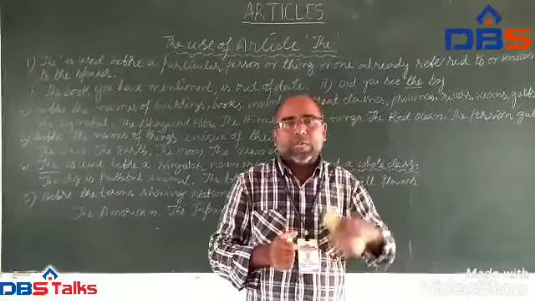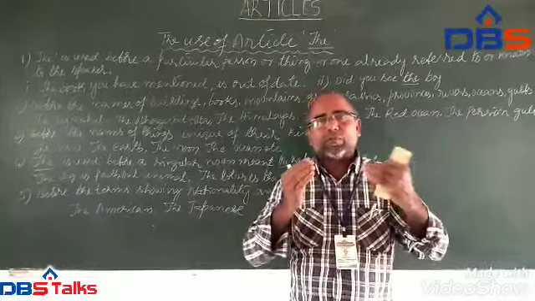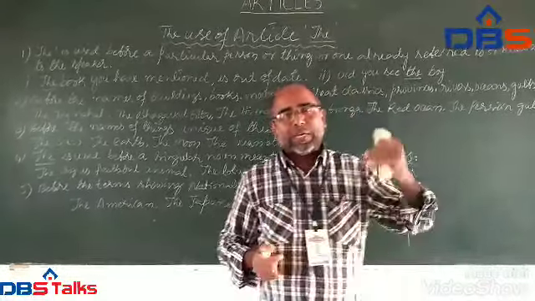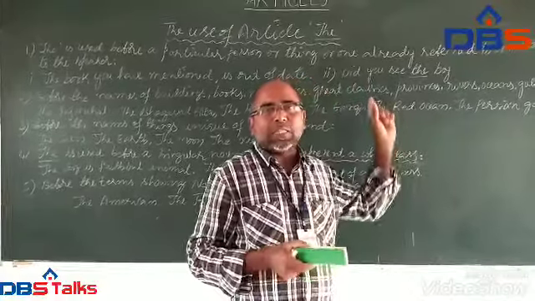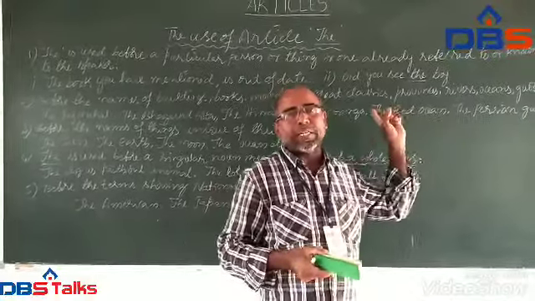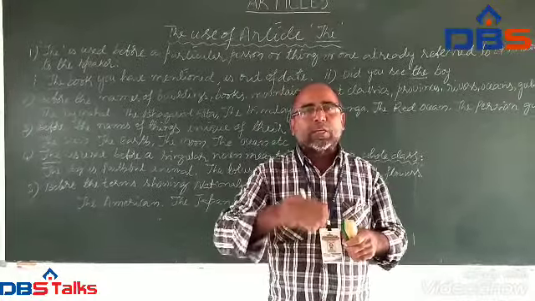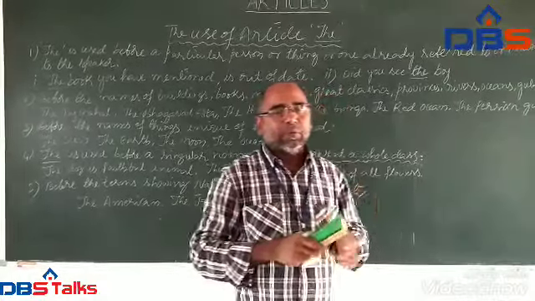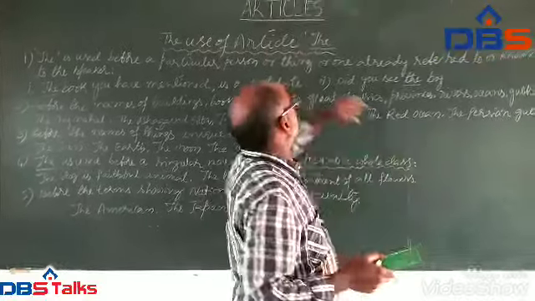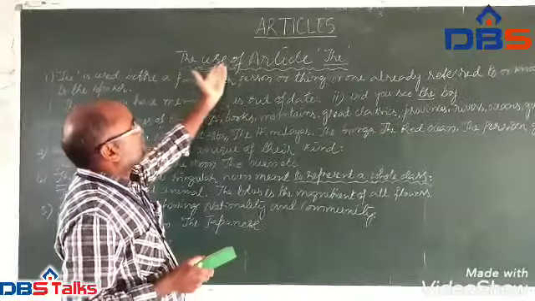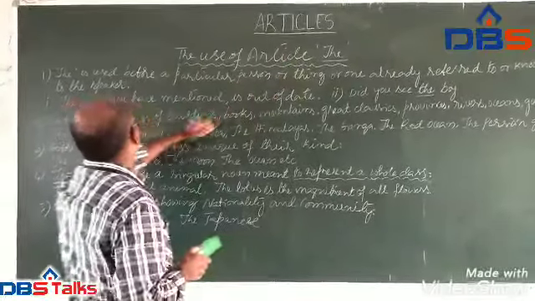I will now explain to you the use of the definite article the. If you carefully observe all the sentences which have been written on the board, you will come to know many things about their rules and regulations. My dear students, now let me explain the use of the article the.